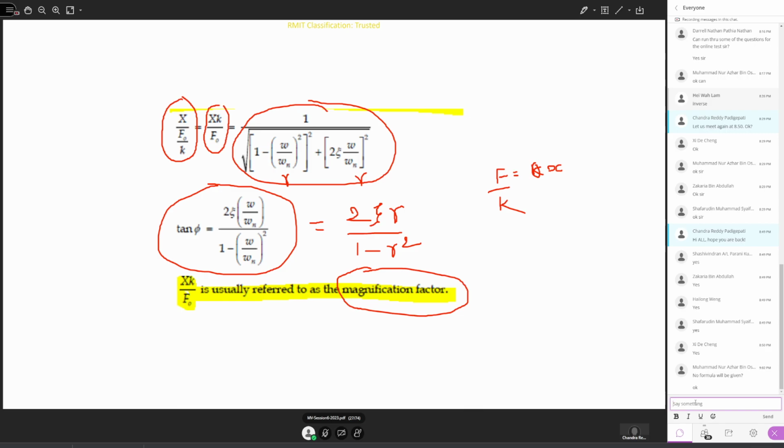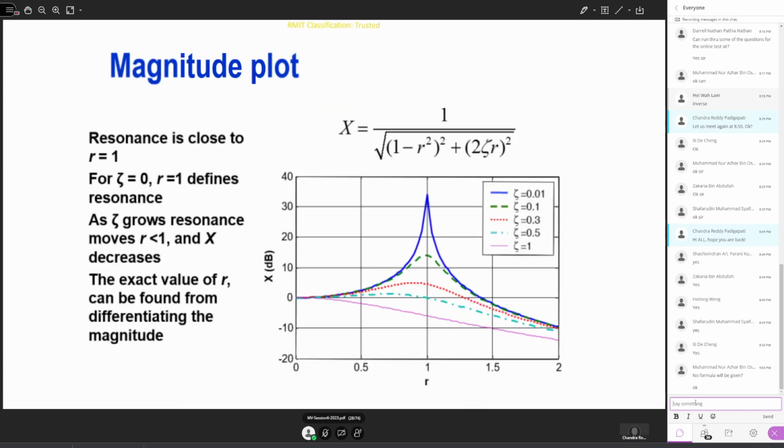All right, because forced vibration is also related to base excitation, we can talk about the force transmissibility. But before that, let's see how this amplitude varies with respect to the ratio of frequencies, omega over omega n.